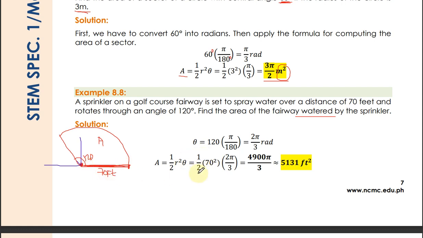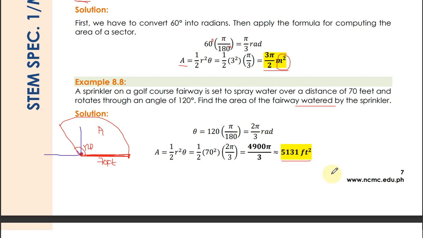So we substitute to the formula: 1/2 times r squared, that is 70 squared, multiplied by our angle 2 pi over 3. And that is equal to 4,900 pi over 3, or approximately 5,131 feet squared. Okay, that is our final answer.